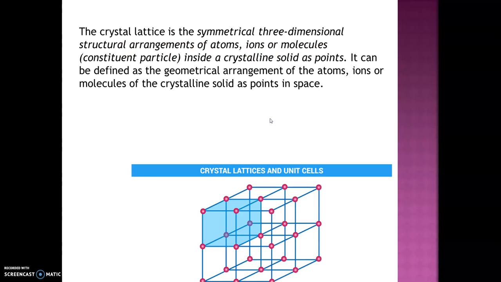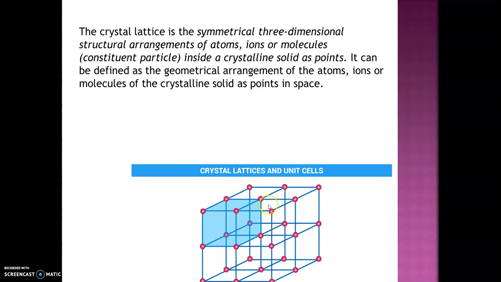So the crystal lattice is a three-dimensional structural arrangement of atoms, ions or molecules. It may be atoms or ions or molecules. In a crystal, it may contain atoms, ions and molecules. It is a three-dimensional arrangement.